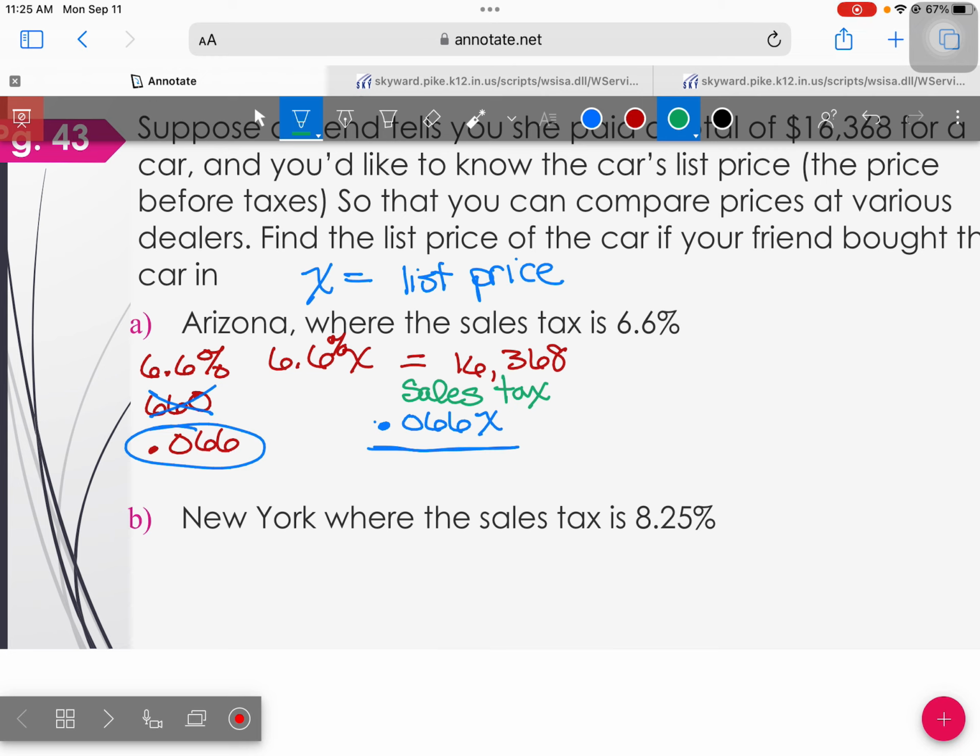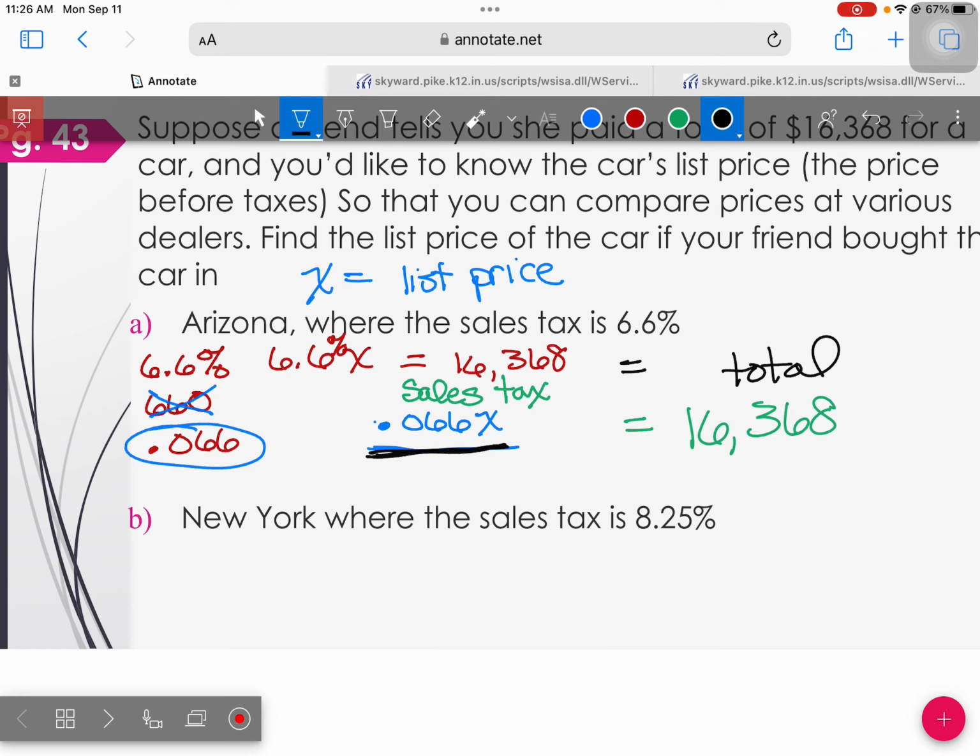Okay, what else do we know in this problem? It equals $16,368. That is my total, right? That is the total. So what do I have to do with this sales tax? They don't just say, here, you pay the sales tax and you can have the whole car. What do you have to pay for? You've already multiplied 0.066 times the list price of the car.